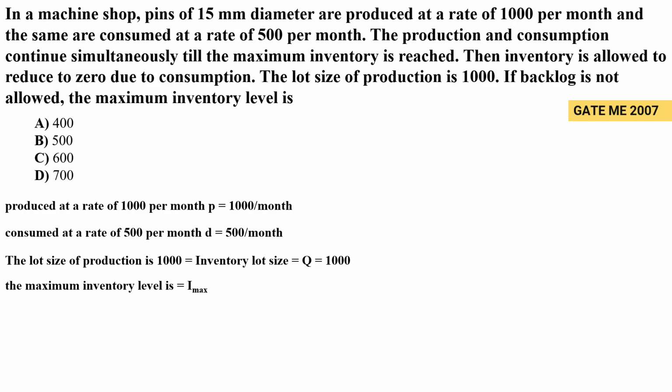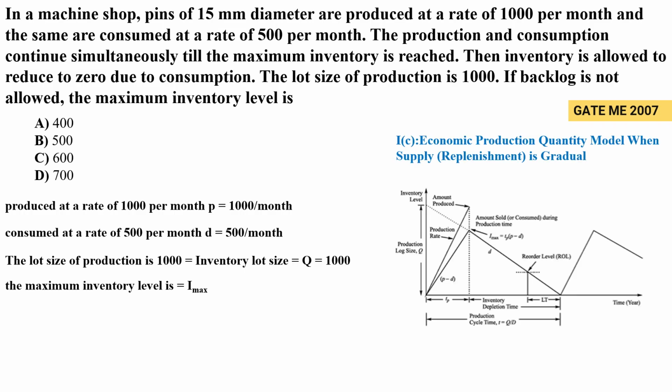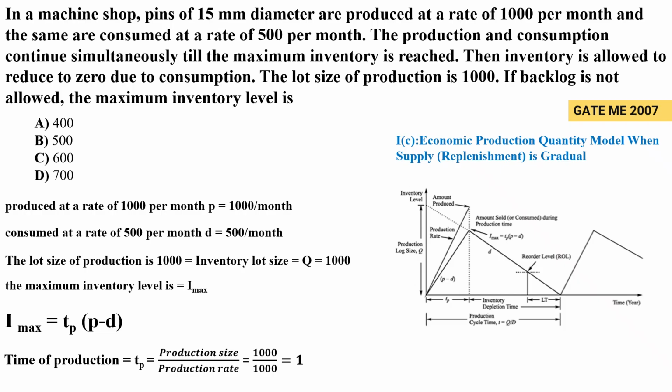This model belongs to model 1C, economic production quantity. So the maximum inventory level I max equals TP into P minus D, where TP is the time of production. The time of production TP equals the production size divided by the production rate, which is equal to 1. Then I max equals 1 into 1000 minus 500. So the answer is 500, and thank you.